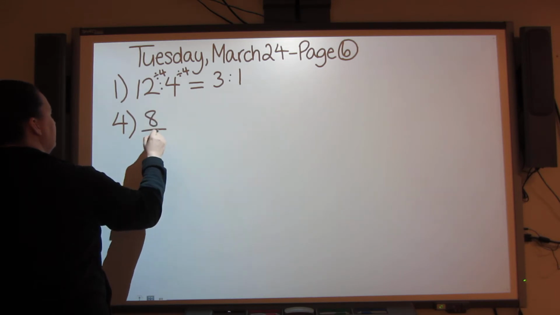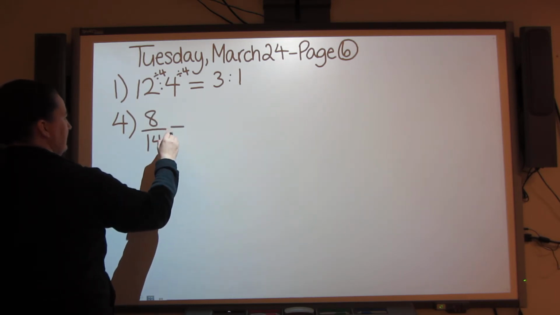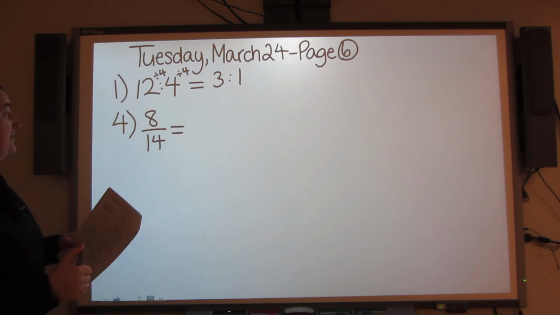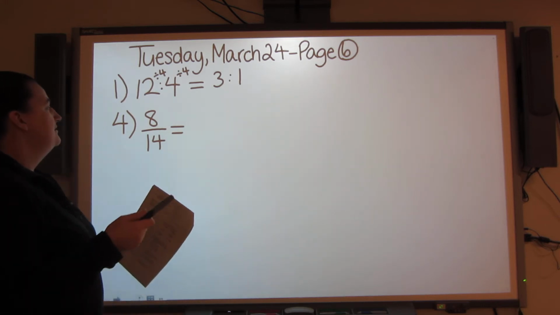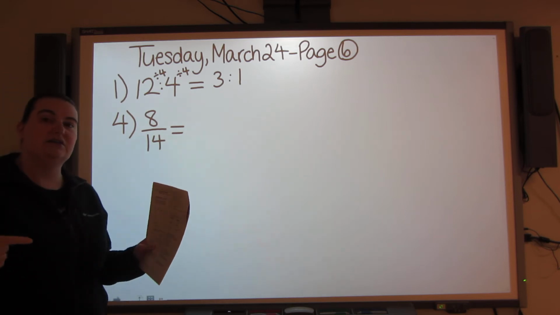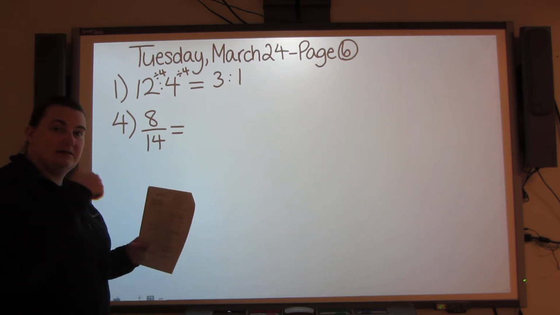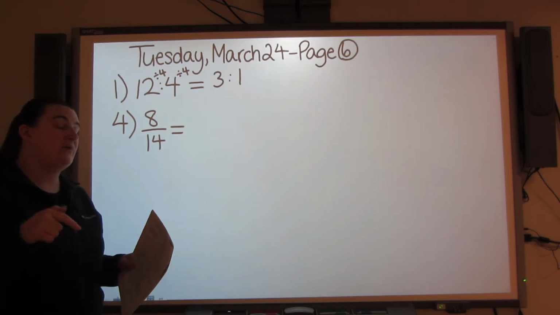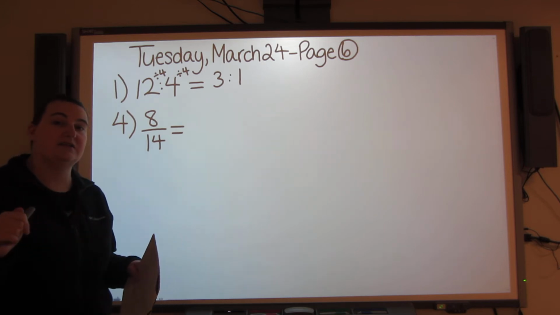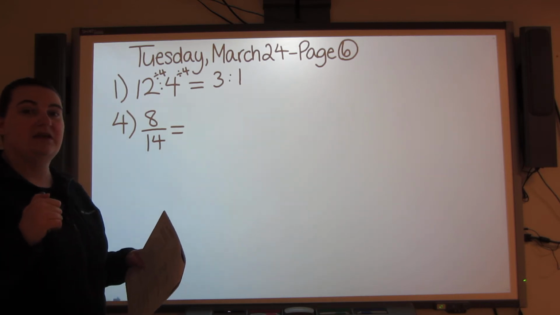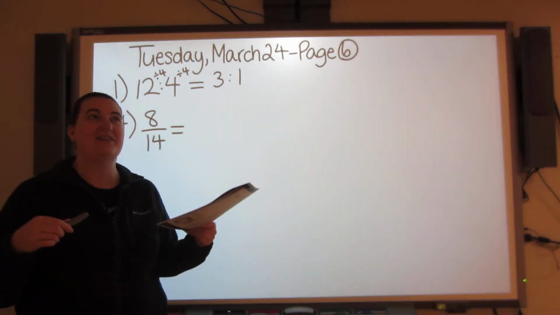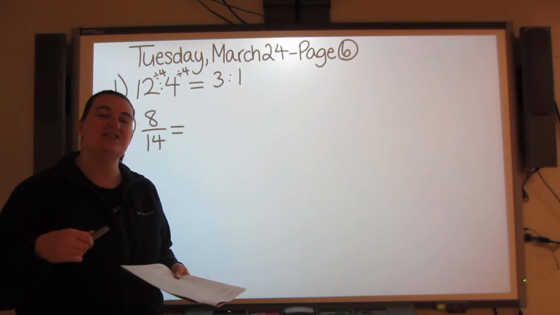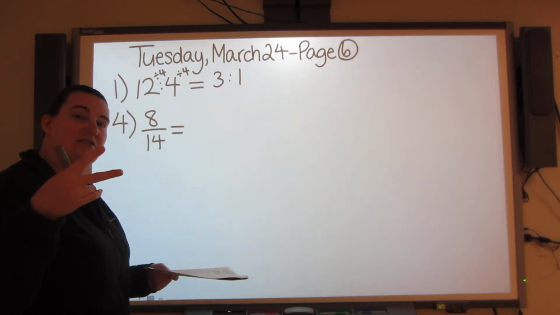I've got 8 over 14. So once again, you think all the things that I can divide into 8 and all the things I can divide into 14. So I can divide 1, 2, 4, and 8 into 8. I can divide 1, 2, 7, and 14 into 14. And so the one that they have the same, that's the biggest, their greatest common factor, is 2.